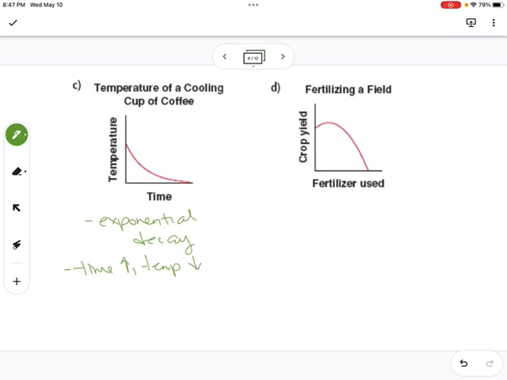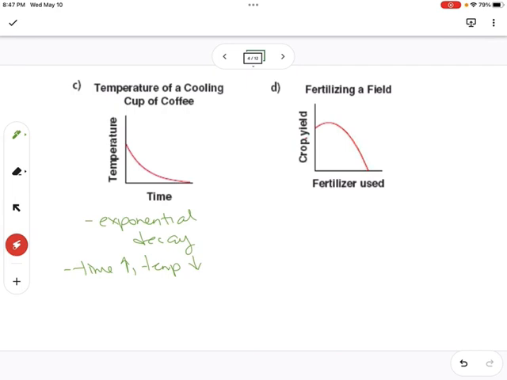Okay. And fertilizing a field. So we have our fertilizer used along the bottom and our crop yield along the side. What we notice is there is a start and increase, and then once it hits a certain point, then there's a decrease.